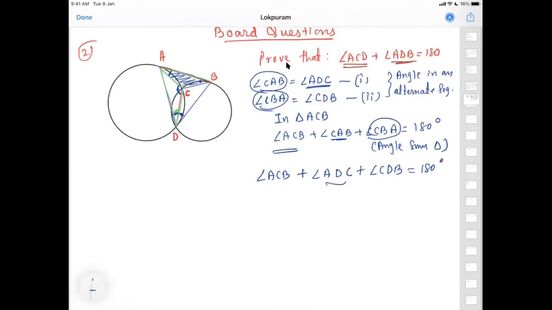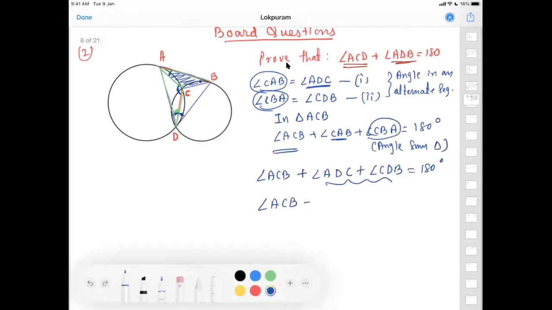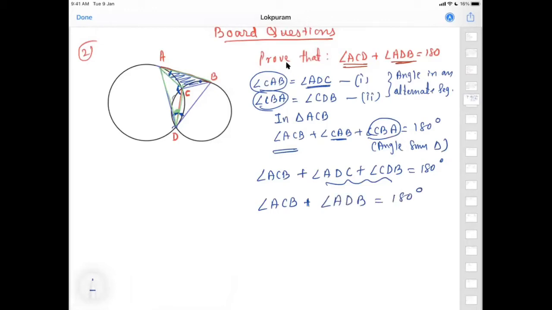Now add both. Angle ACB plus angle ADC plus angle BDC is equal to angle ADB, which is equal to 180 degrees. Here there is a mistake in the question.